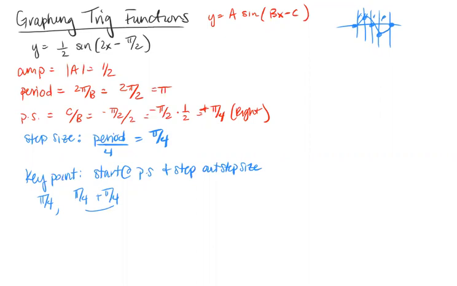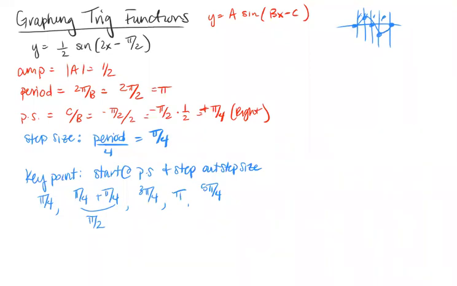And that is 2 pi over 4, which is pi over 2. We're going to add another pi over 4. That would be 3 pi over 4. And add another one. That would be 4 pi over 4, which is pi. And then add one more, and we get 5 pi over 4. So notice we have 1, 2, 3, 4, 5 key points now. And those will give us the 3 x-intercepts and the max and the min.